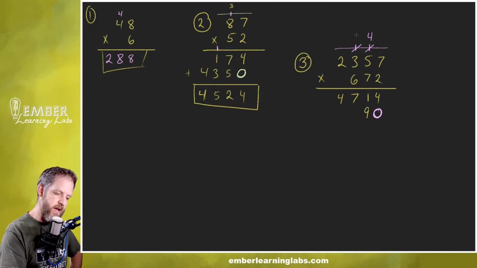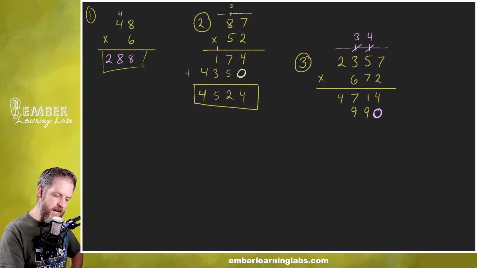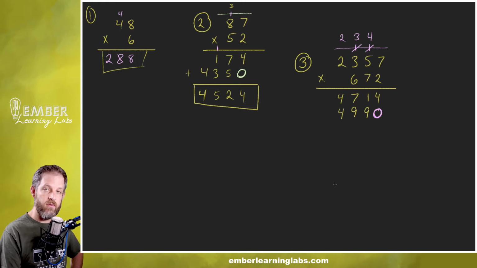So we're going to put a 3 up here, and then we're going to put a 9 down here, right? 7 times 3 is 21 plus 3. So that's 24. 20 and then 4, right?